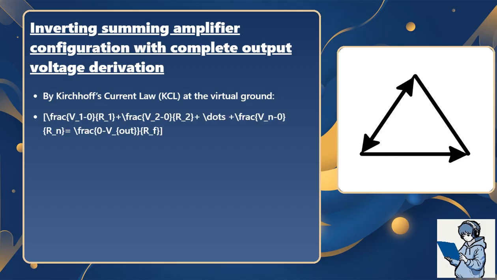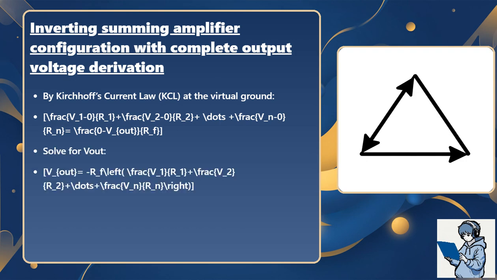(V1 minus 0)/R1 plus (V2 minus 0)/R2 plus (Vn minus 0)/Rn equals (0 minus V out)/Rf. Solve for V out. V out equals negative Rf times (V1/R1 plus V2/R2 plus Vn/Rn).